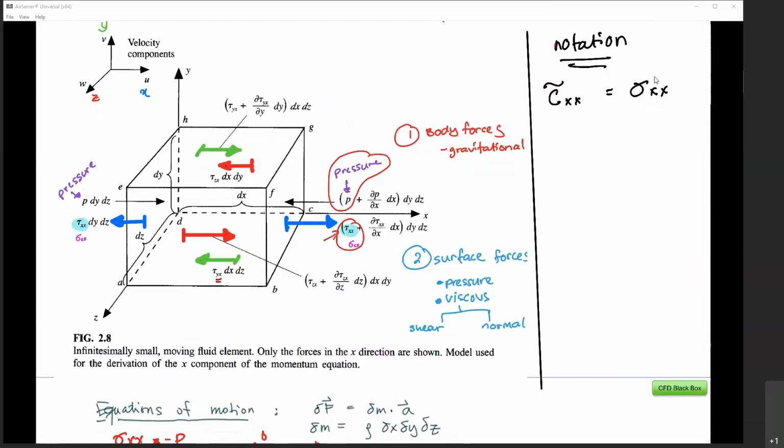So these are all the forces acting on the fluid element. We have pressure, don't forget. And aside from the surface forces, which are shear and normal, we also have body forces, which is the gravity.